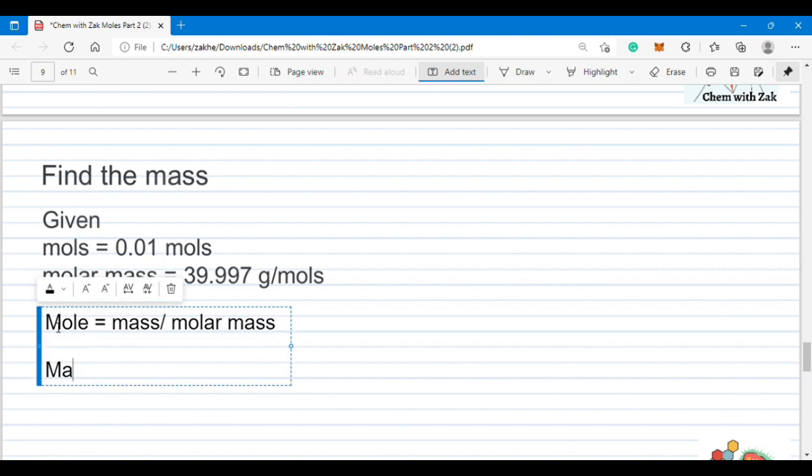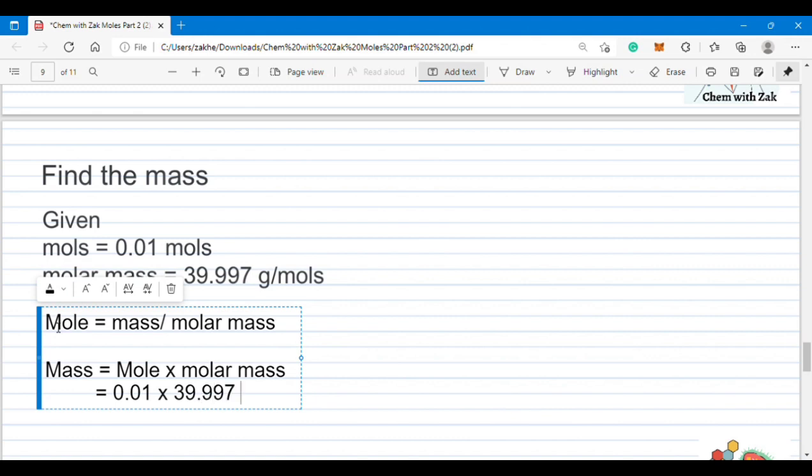And we substitute and make mass the subject of the formula, where we have mole times the molar mass, and we substitute again. We'll get 0.01 moles for the sodium hydroxide times the 39.997 gram per mole of the sodium hydroxide.